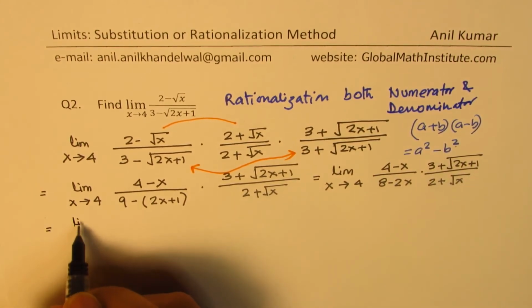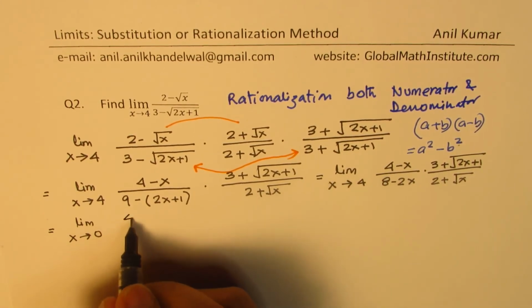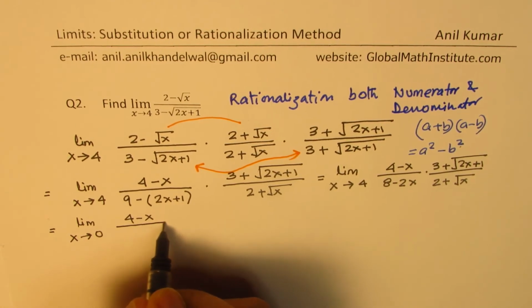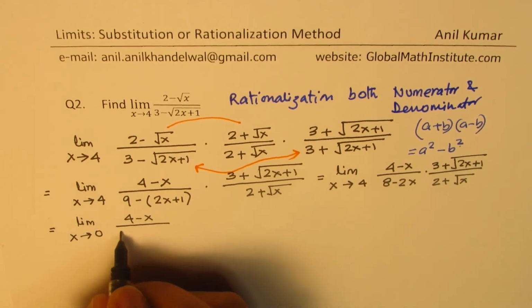So we have the limit as x approaches 0, 4 minus x in the numerator. The denominator is 8 minus 2x. You can take 4 common, right? So taking 4 common, rather 2 common, right?